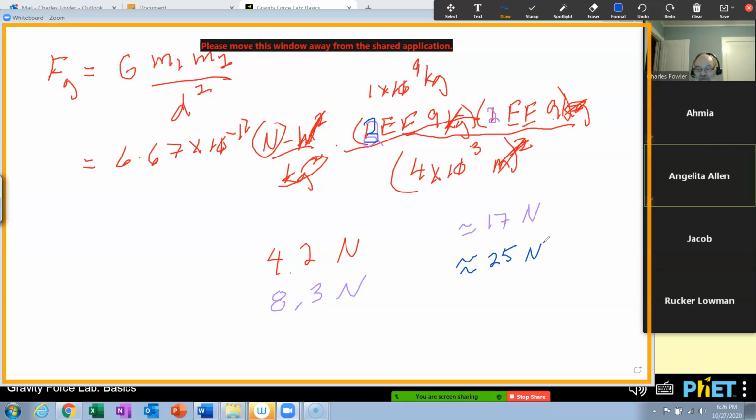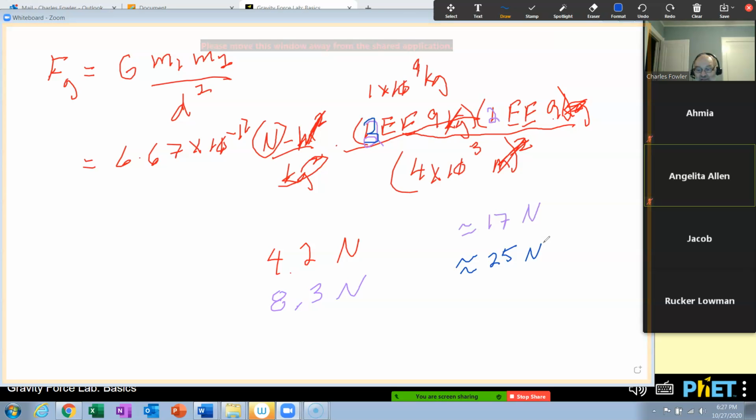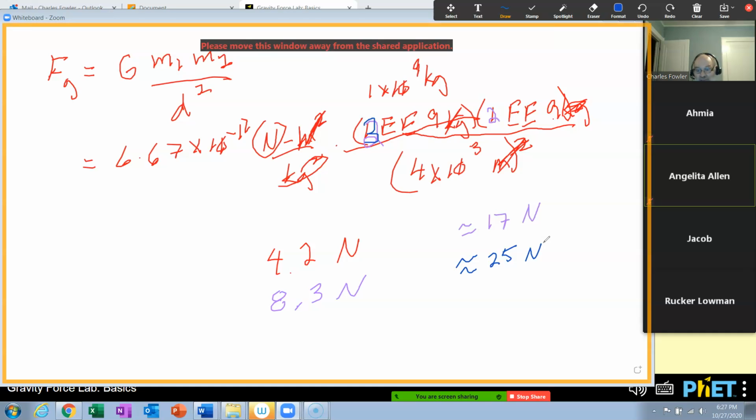Maybe I did it wrong. 6.67 EE 11 minus times 3 EE 9 times 2 EE 9 divided by, open parentheses, 4 EE 3, close parentheses, squared, equal.